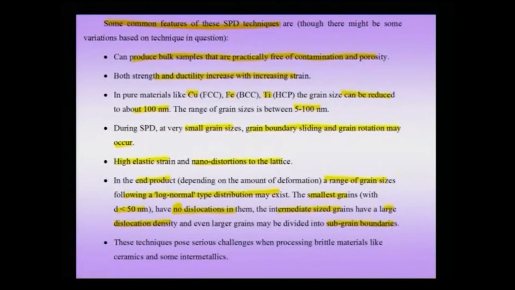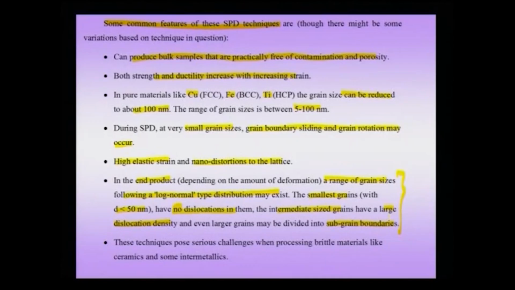So, this variation is an important thing, and whenever I am using such a sample for determining a property, I have to remember that I cannot say this is a function of a single grain size. It is actually a distribution of grain sizes. And obviously, needless to say, these techniques do not work well with brittle materials like ceramics and intermetallics, which are usually expected to be brittle.